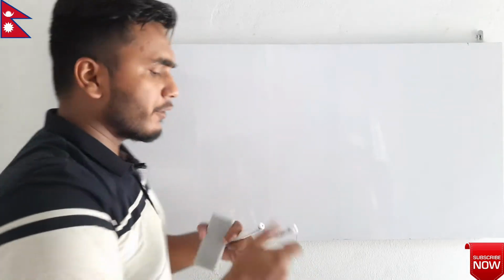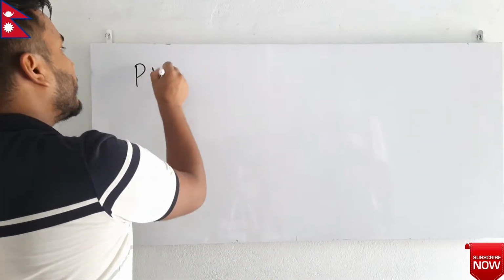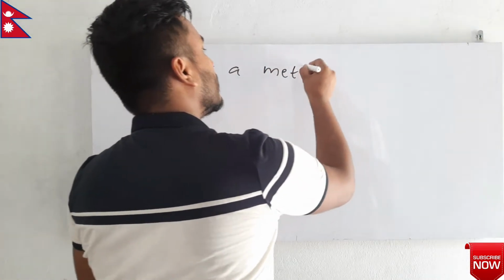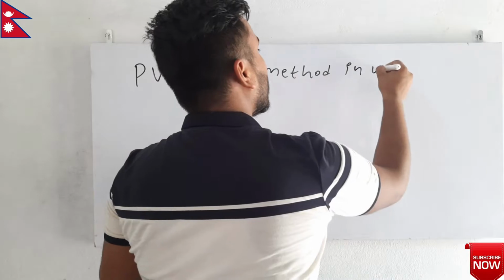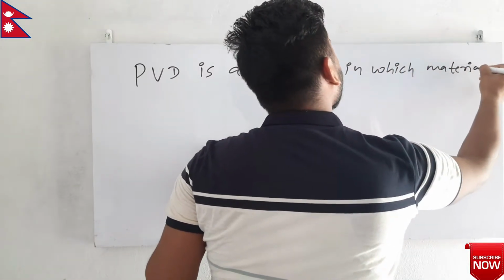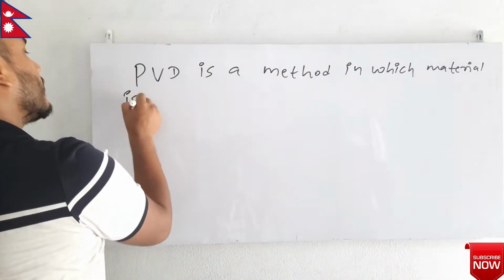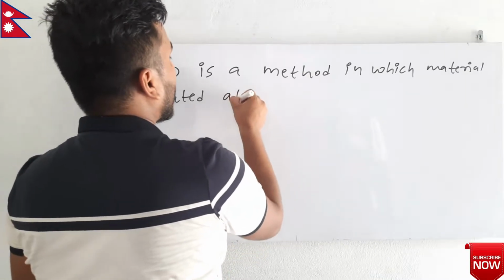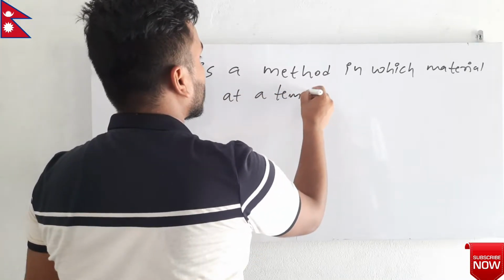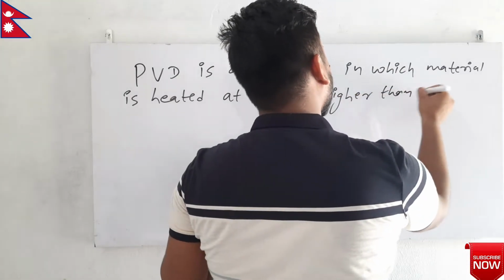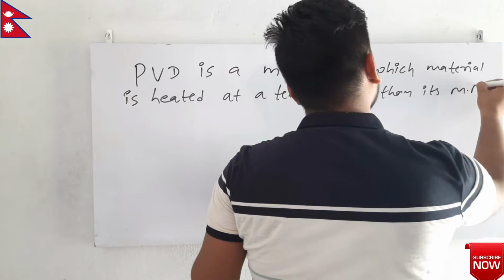First of all, we need to understand about physical vapor deposition. Physical vapor deposition is a method in which material is heated at a temperature higher than its melting point.